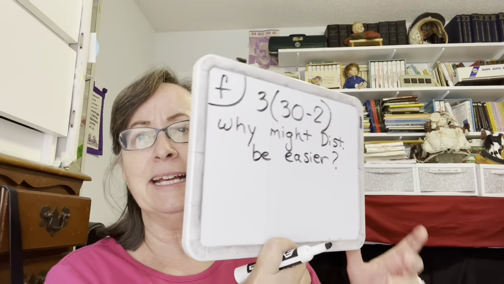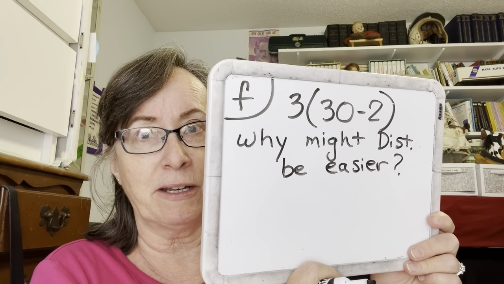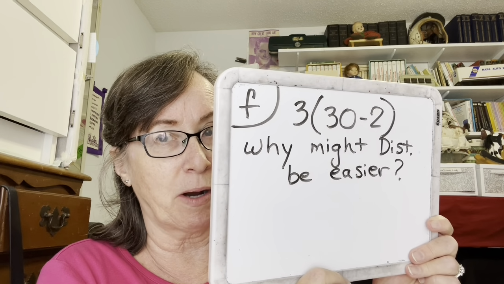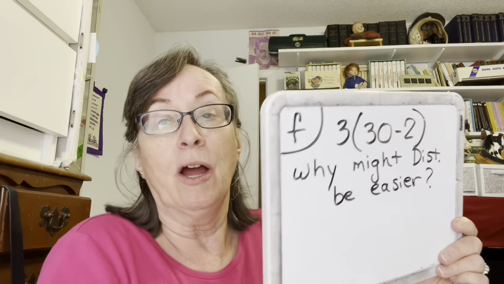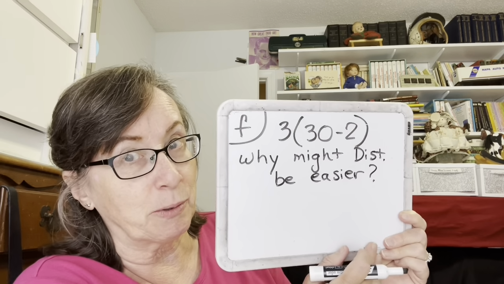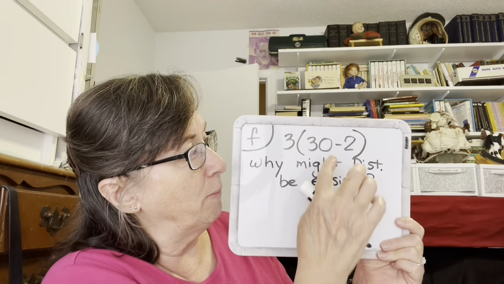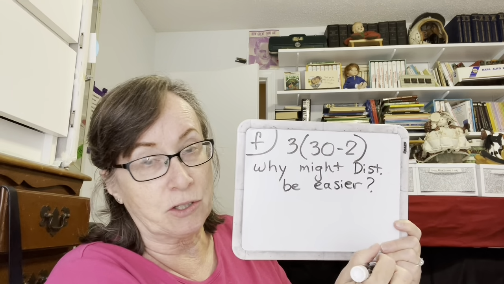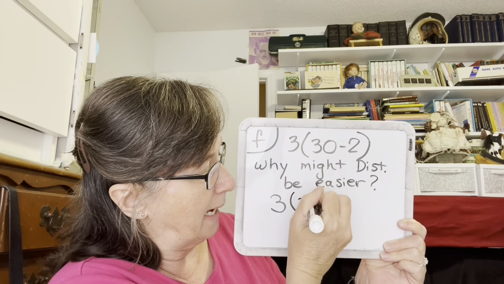Okay. F. It says, why might we want to use the distributive property in this problem instead of doing what's in the parenthesis first? Well, to see that, we're going to do it both ways. If we do what's in the parenthesis first using our PEMDAS, then we have 30 take away 2 is 28, and 3 times 28.